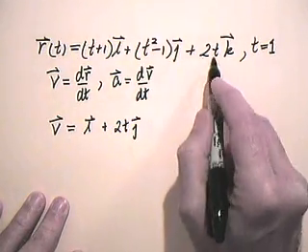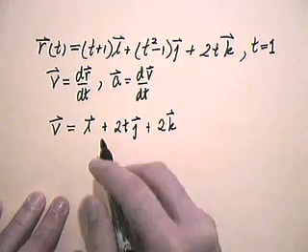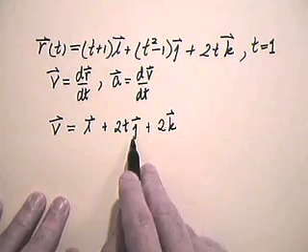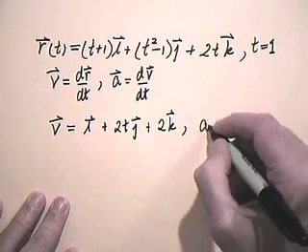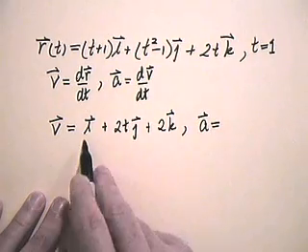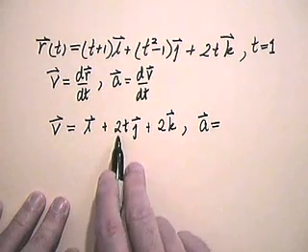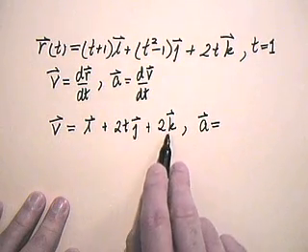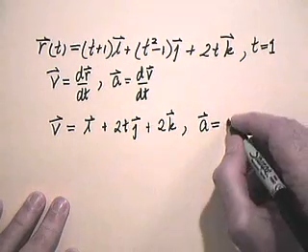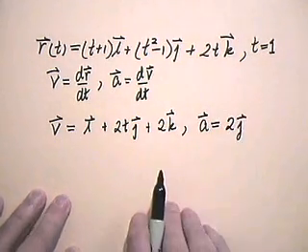And then the derivative of 2t is simply 2, so we have 2k. So our velocity is i plus 2t j plus 2k. And so the acceleration, being the derivative of velocity, well, that's constant, its derivative is 0. The derivative of 2t is simply 2, so we get a 2j. That's constant, its derivative is 0. So the acceleration itself here is a constant vector, 2j.